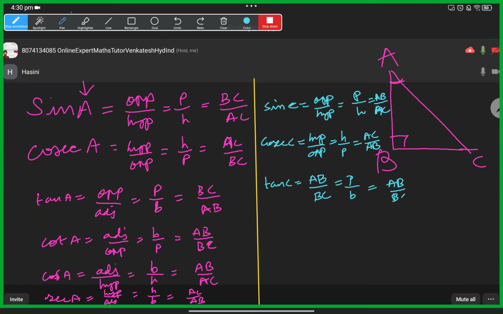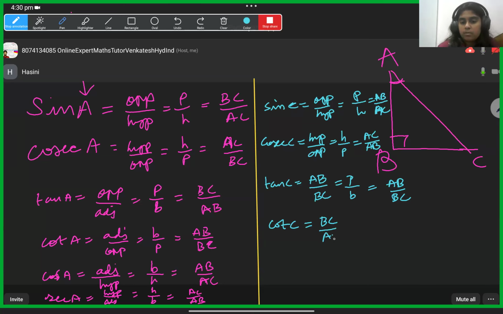So cot C will become base by perpendicular, BC by AB.